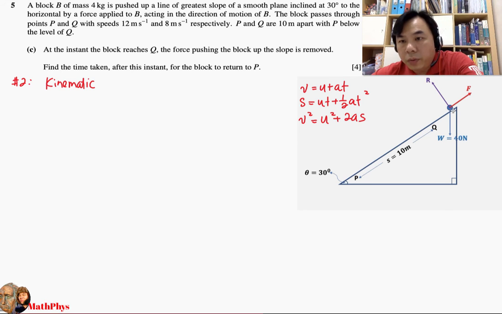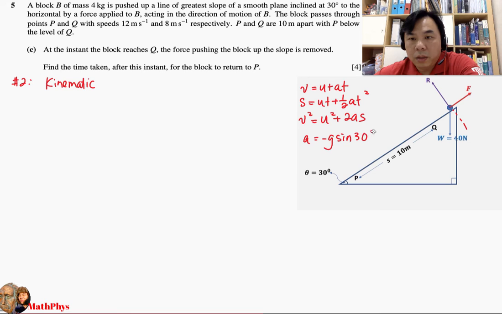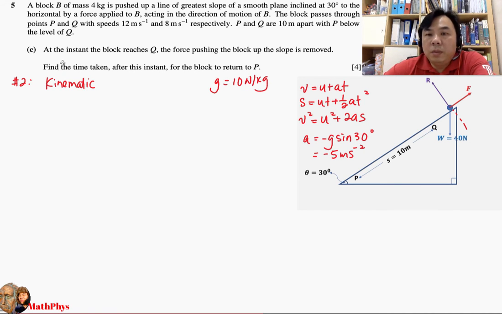And we have also deduced that the gravitational acceleration, if it's going upward, is given by G sine 30. Based on the value of G that we are using, the gravitational acceleration in this case is -5 meters per second squared. Now I hope that is clear. We have all this, so now we can start to solve.